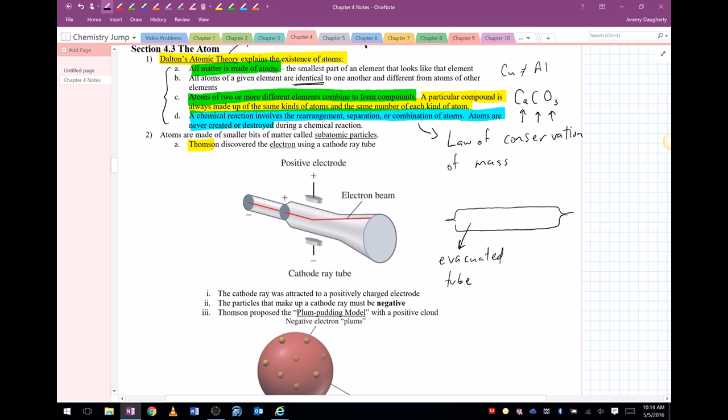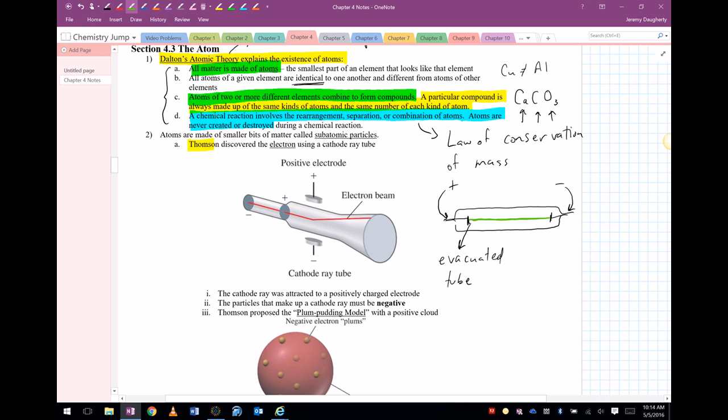So there's just a few atoms of a certain element in there, right? And then he could hook that tube up to electricity, right? And what he found was that when he hooked this up to electricity, there was a beam of light that would always flow from negative to positive.